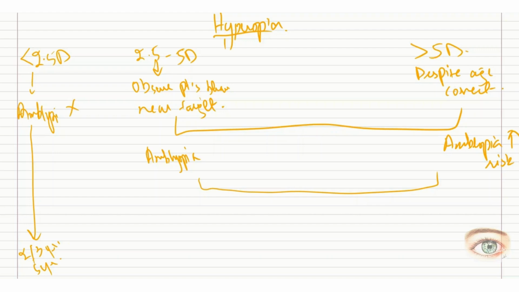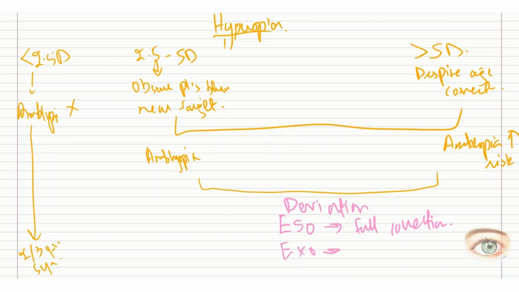Now again, if there is a deviation, if there is an esodeviation or an exodeviation, if there is an esodeviation, we are going to give a full correction. The reason is if the patient is deficient in accommodation, the eyes are going to move inward because there is a stronger relationship between convergence and accommodation.